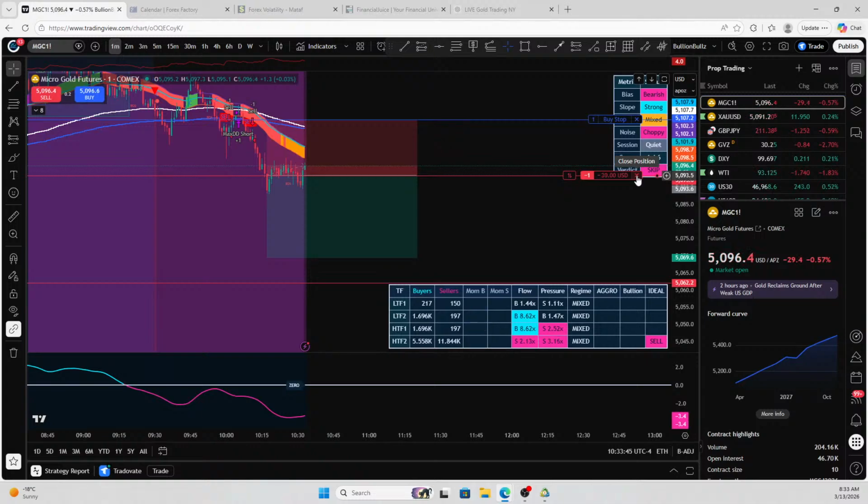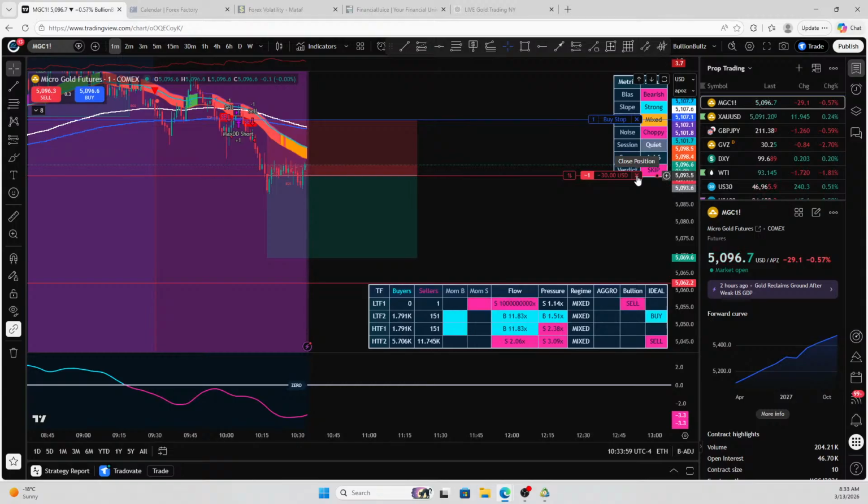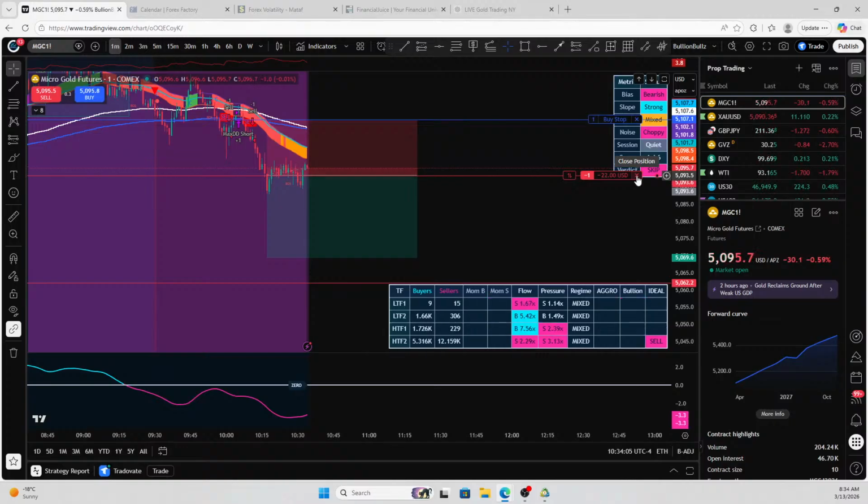Buyers are starting to dominate. Overall, sellers are still in control. But a flip from bearish to bullish is going to be actually bullish. So we just have to wait to see if that flip happens or if price is just ranging at this level.